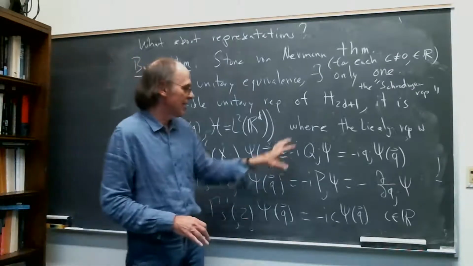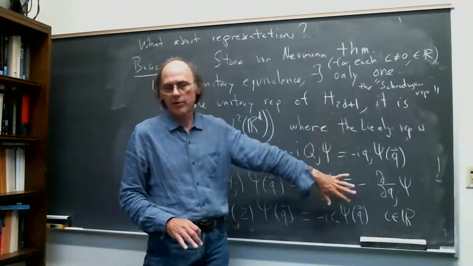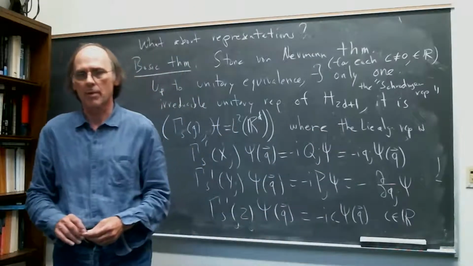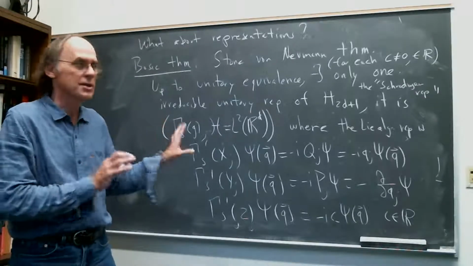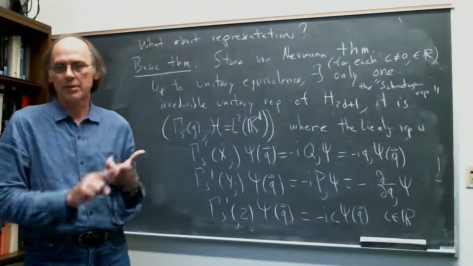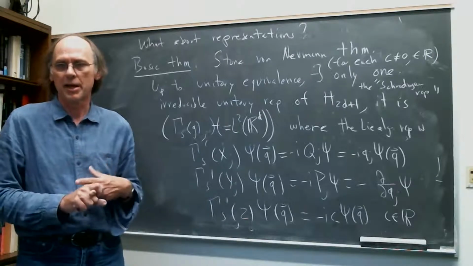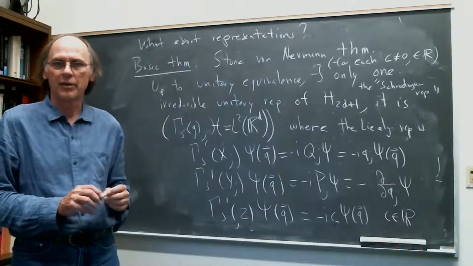But the good thing about it is that it's exactly the whole formalism that you go through to talk about a quantum particle. So this is kind of the end of the story about the Heisenberg Lie algebra, the Heisenberg Lie group, and its representation. Any questions about this stuff?